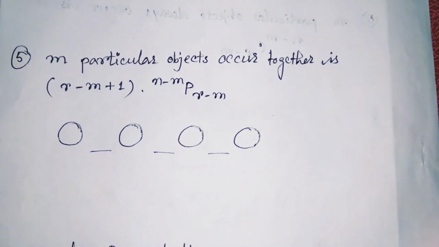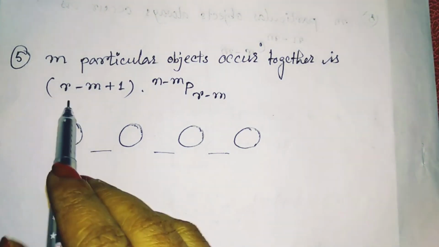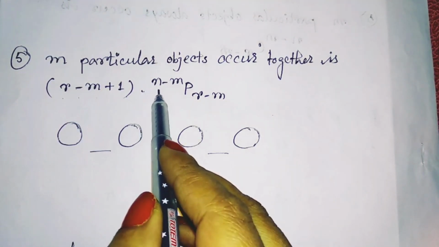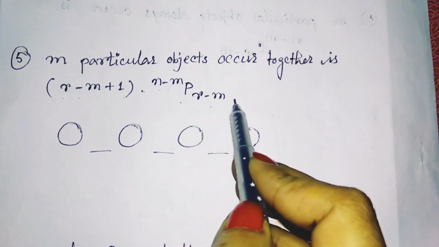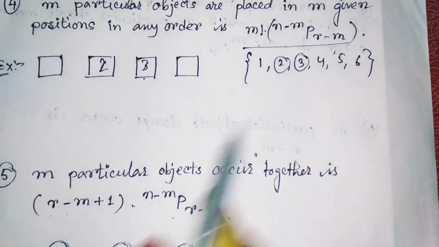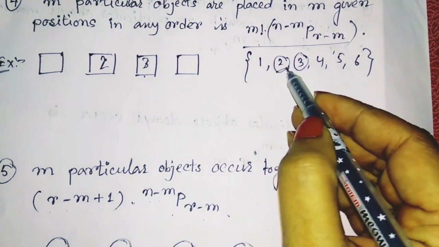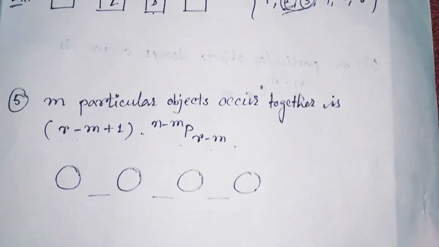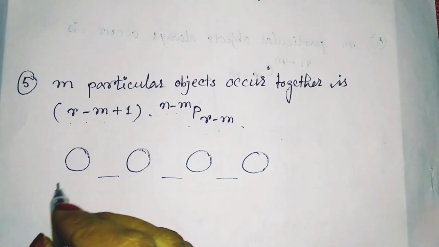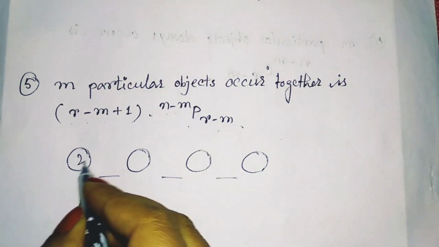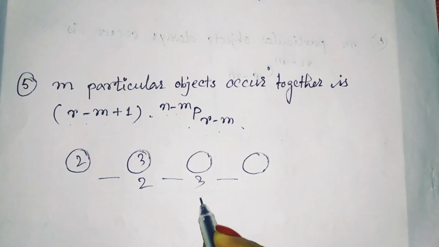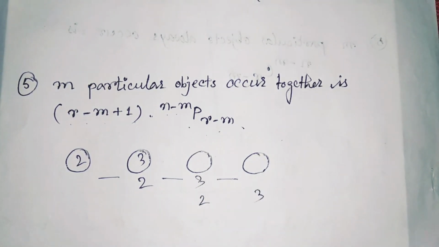Next situation is M particular objects occur together. Its formula is (R minus M plus 1) into (N minus M)P(R minus M). Suppose the same example we have chosen, and here 2 and 3 are the objects which are always coming together. 2 and 3 always coming together means either this one is 2 and this one is 3, or this one is 2, this one is 3, or this one is 2, this one is 3.